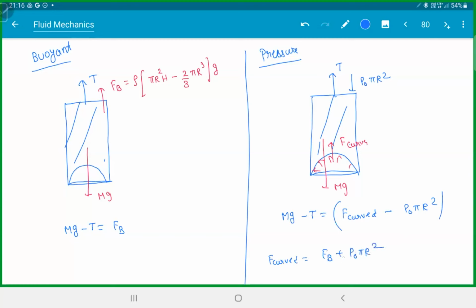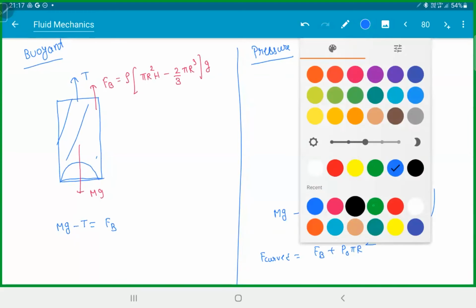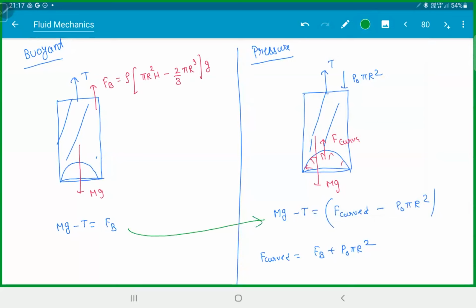Easy. There is no need to integrate, nothing. So you just draw the free body diagram in 2 ways. You use one buoyant force and use one pressure. And both are actually the FBD of the same body. That means buoyant force is nothing but the difference in pressure at the lower and the upper part. So the lower force will come directly. Have a look at the steps. Please check, any confusion here, please ask.